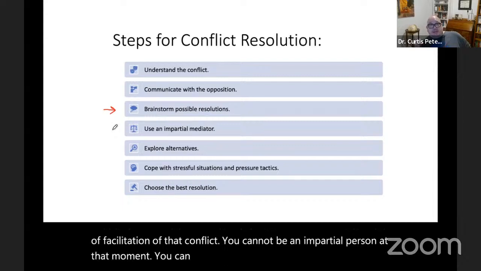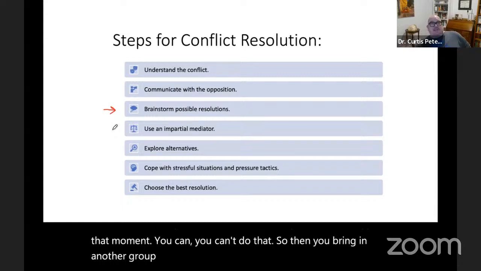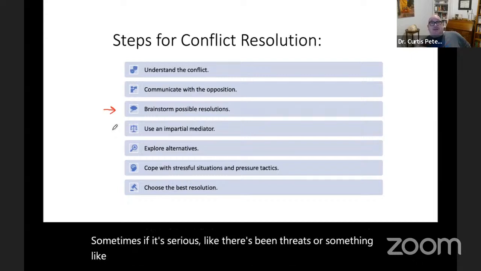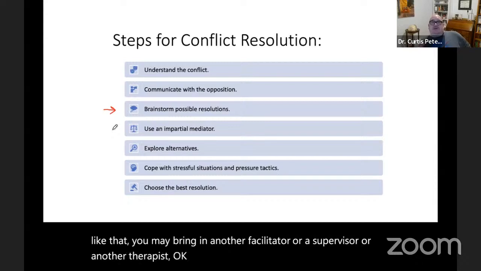You can't do that. So then you bring in another group member and say, hey, sometimes if it's serious, like there's been threats or something like that, you may bring in another facilitator or a supervisor or another therapist. Okay. A lot of times, though, we can do this with another group member or you.